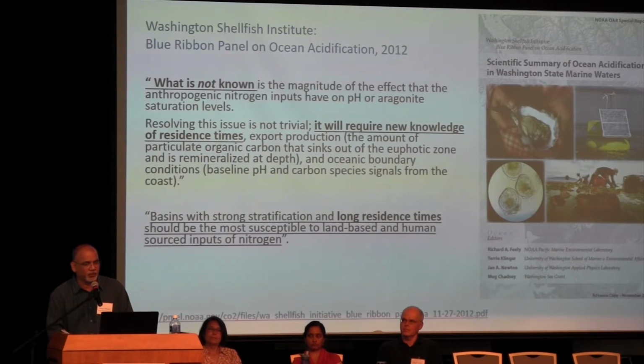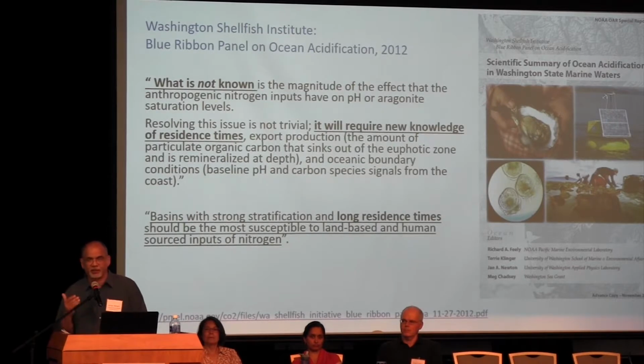But they also mention here that understanding the impacts of anthropogenic nutrient sources on pH will require new knowledge of residence times. At the bottom, they say basins with strong stratification and long residence times should be the most susceptible to land-based and human-sourced inputs of nitrogen. So the importance of residence times is recognized by this panel.